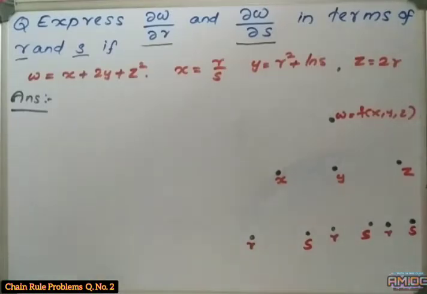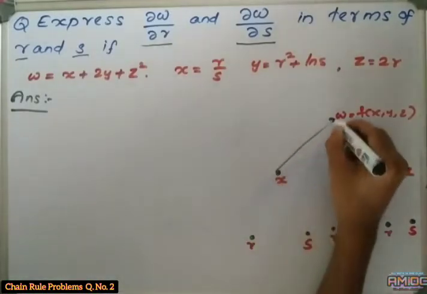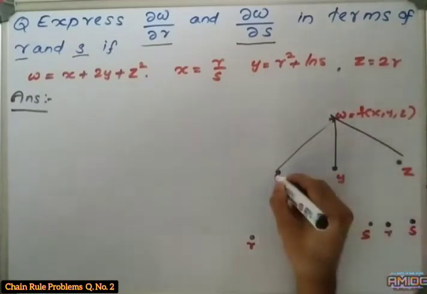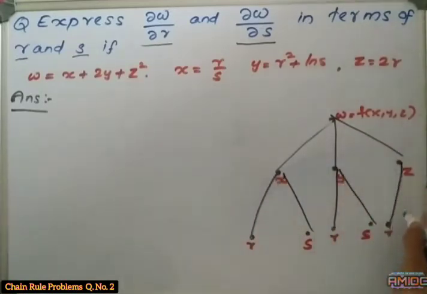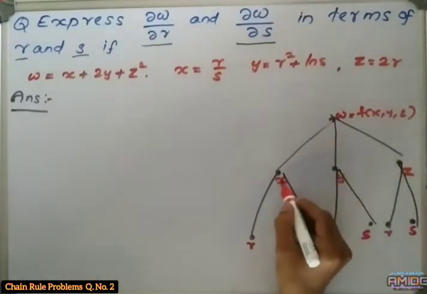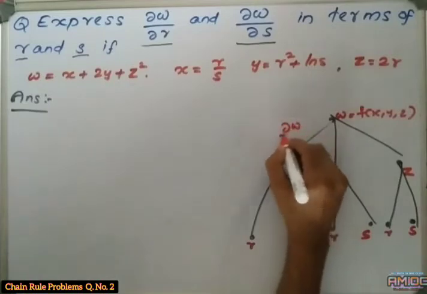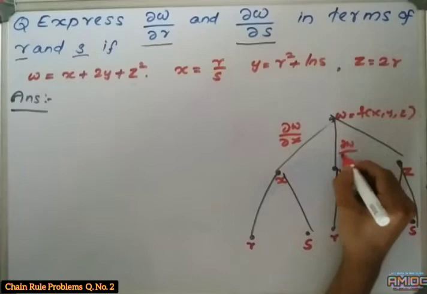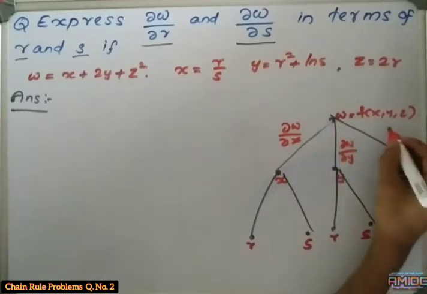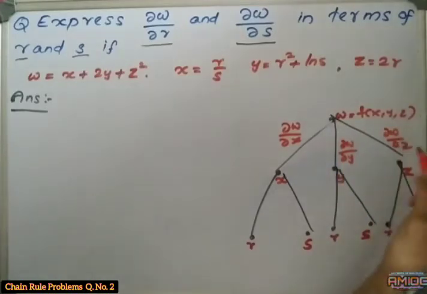Then by the chain rule, taking derivative of w with respect to x, we get ∂w/∂x, w with respect to y, ∂w/∂y, and w with respect to z, ∂w/∂z.